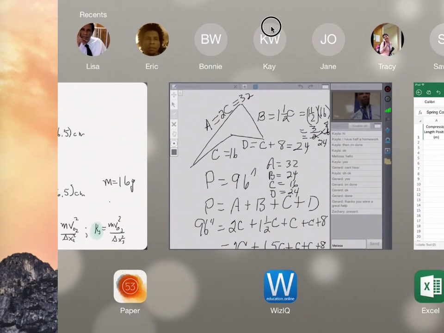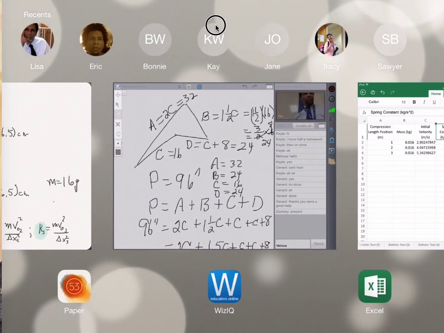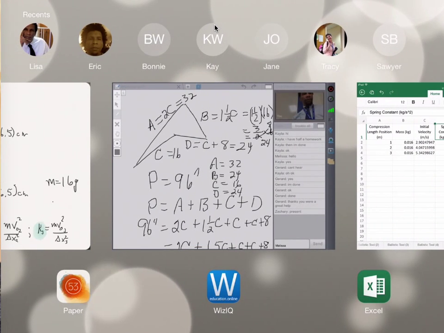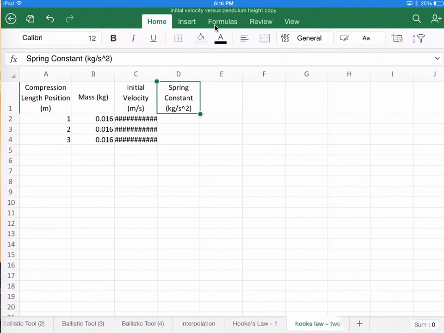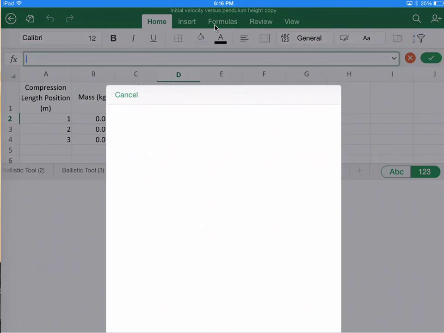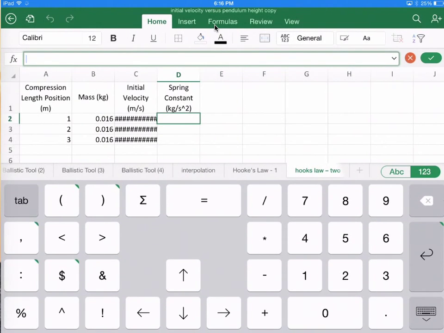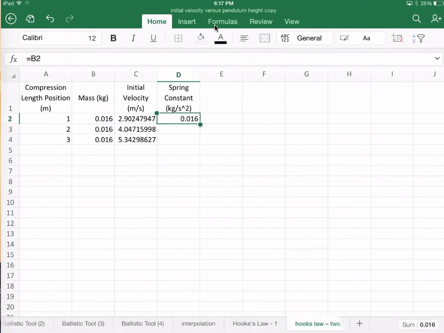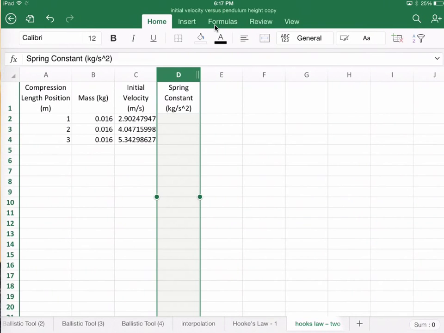This is going to be equal to the mass. Oh, you know what I left off? The compression length. Let me clear that and insert to the left the compression length.